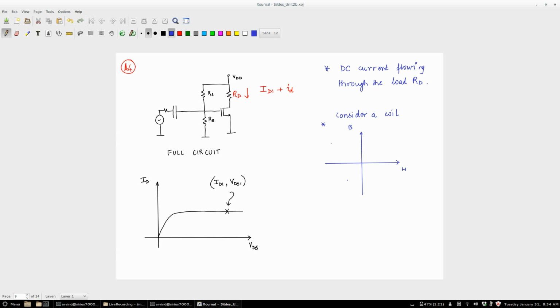So let me try and remember my magnetics. I am just considering a coil. This is H, this is B. Depending on the material, you have various characteristics, so I will not worry about that. I will just draw some flat region, some other region. And what is this H?